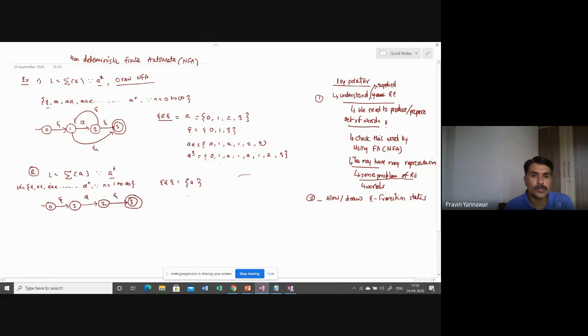Now I want two A's to be generated. For this, the path which is going to be followed is 0, 1, 2, and 3. But now for AA, what is the path? Do we have a path? So 0, 1, 2. Oh, I want one more A. So for having one more A, I'm going back here. This is epsilon.